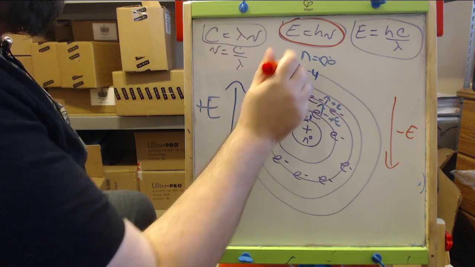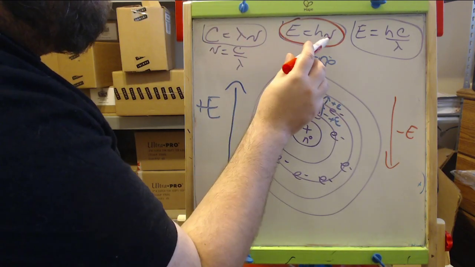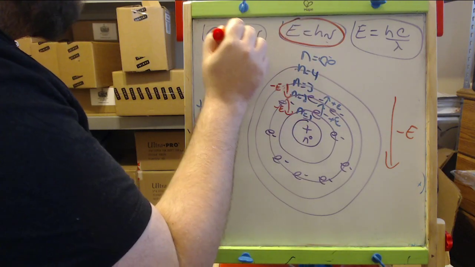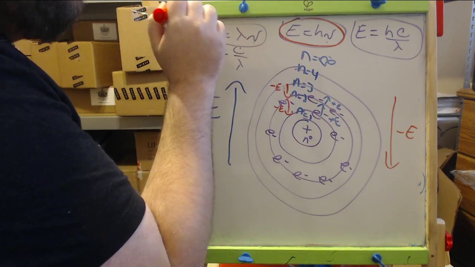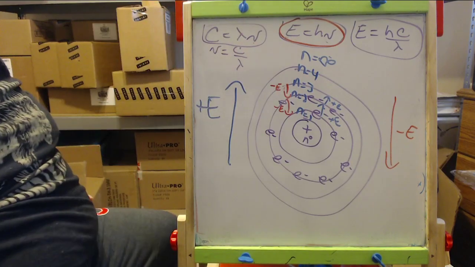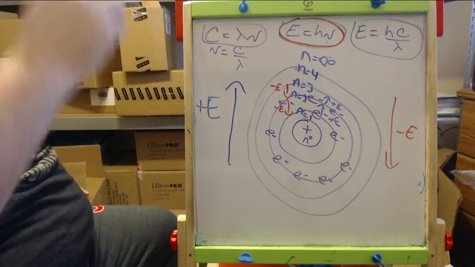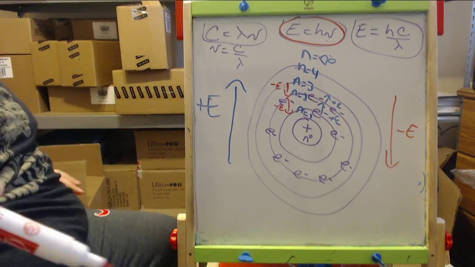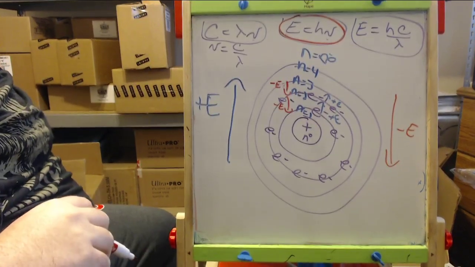Now that energy, if we look at our formula, will have a corresponding frequency. That frequency could then have a corresponding wavelength. And that wavelength might fall within 400 nanometers to 740 nanometers, and you see a specific color.